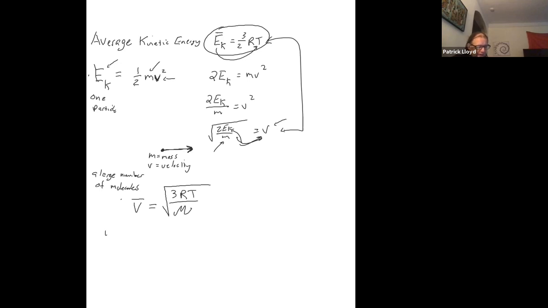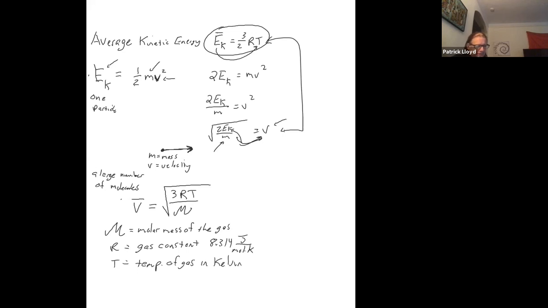M is the molar mass of the gas. R is the universal gas constant, again, 8.314 joules per mole Kelvin. And then T is the temperature of the gas in Kelvin.